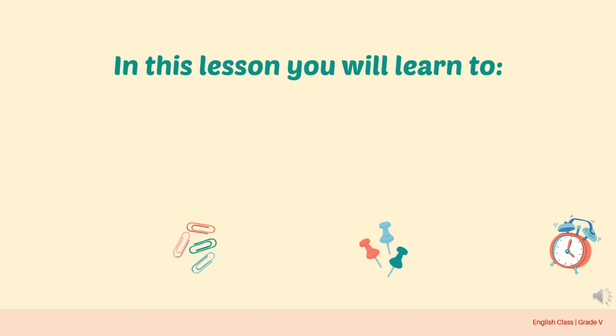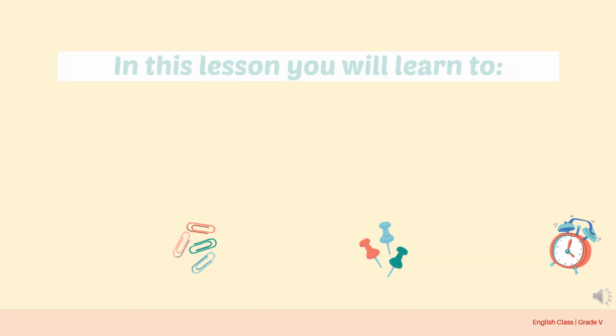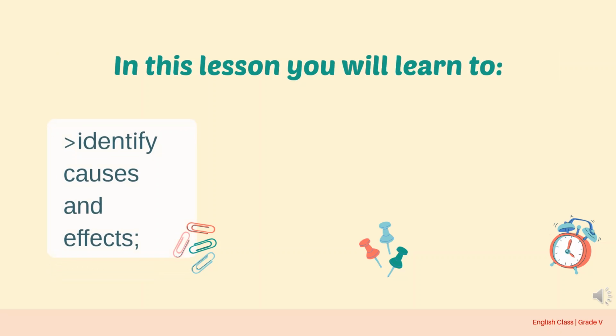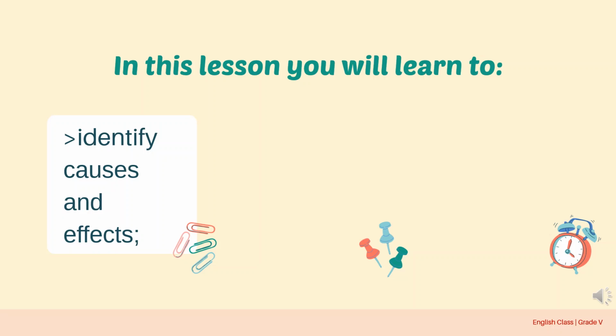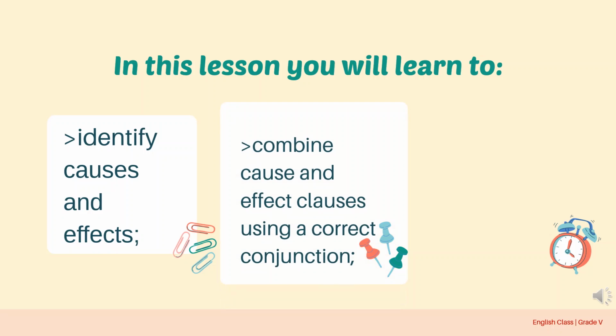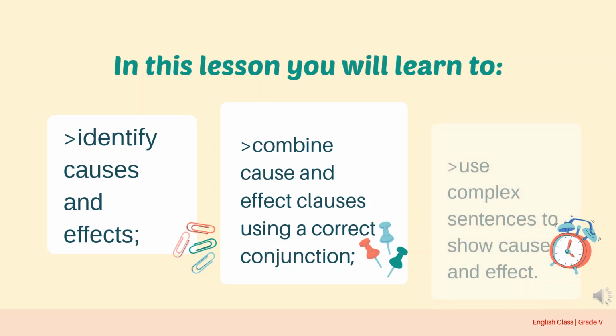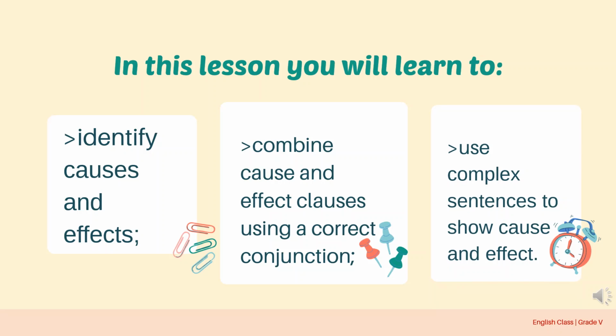What is the advantage of being able to properly describe a cause and effect process? In this lesson, you will learn to identify causes and effects, combine cause and effect clauses using a correct conjunction, and use complex sentences to show cause and effect.